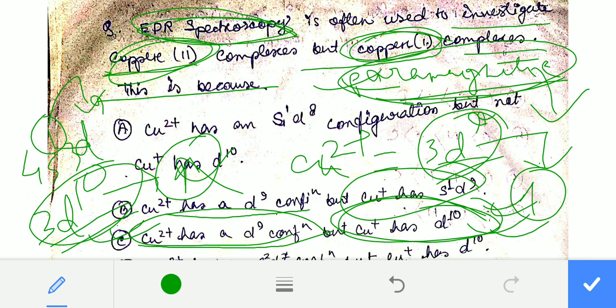Also, even if you don't know the electronic configuration of copper plus, you can solve this if you know that EPR refers to electron paramagnetic resonance.